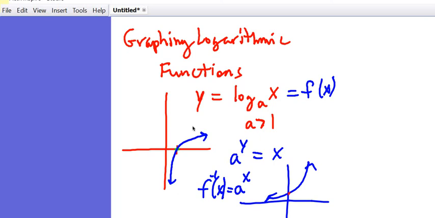Now, this is the inverse of the growth function. Let's take a look at the inverse of the decay function. I still have the asymptote as the y-axis. I'm still going to have a point that's 1 unit to the right on the x-axis, but this time my curve is going to do this.